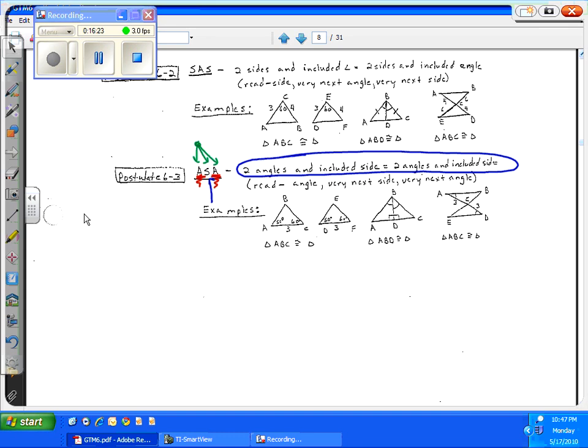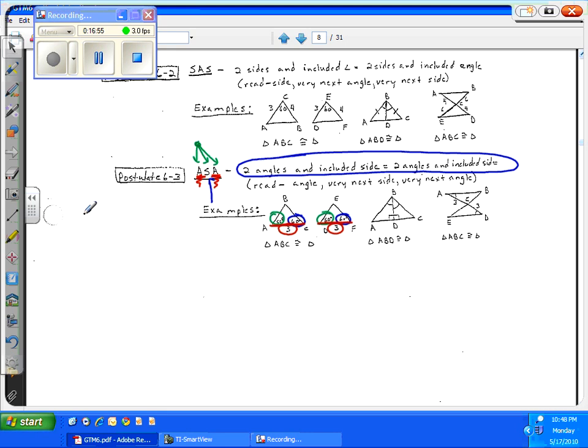So, examples, we have this angle 50 is equal to this angle 50. This angle 60 is equal to this angle 60. The side included between those two angles is equal to side included between those two angles. And so they are congruent by angle, side, angle.